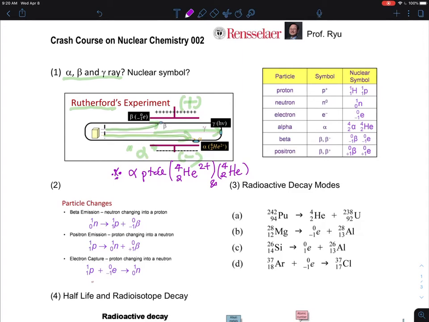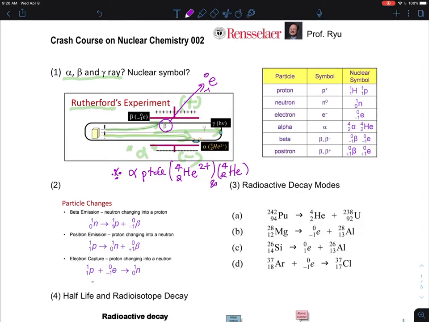And he did the second experiment, which is beta, and beta is something that these days nobody would call a beta, because it's just an electron. An electron has almost no mass, so he put zero mass, and the charge looks like the opposite sign of the proton, so it's a -1.